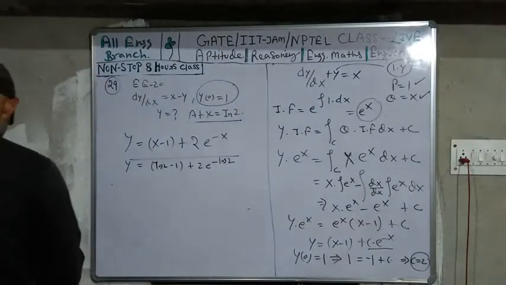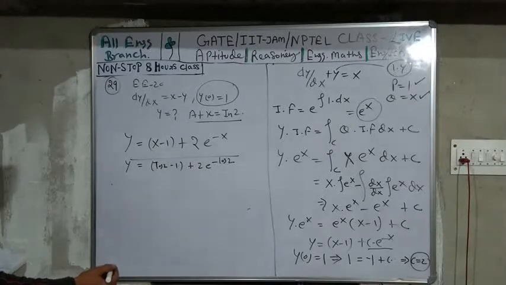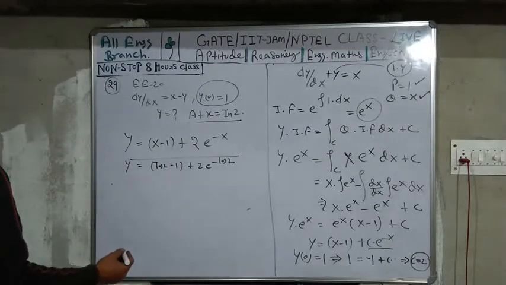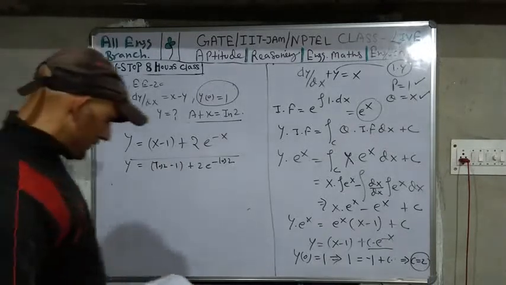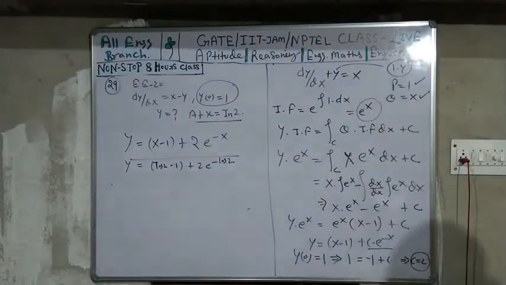So in this condition, I think that there is something wrong. x into e to the power x you have taken common. Log 2, e to the power x.